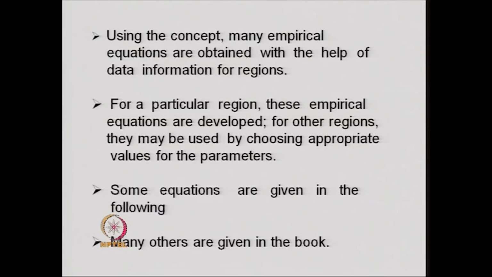If we wish to use them for some other region, then the constants of the equation or the values of the different parameters that have been used must be accordingly adjusted. Now, I am giving you some equations over here, but many more equations of this nature are available, and they are all given in the book.